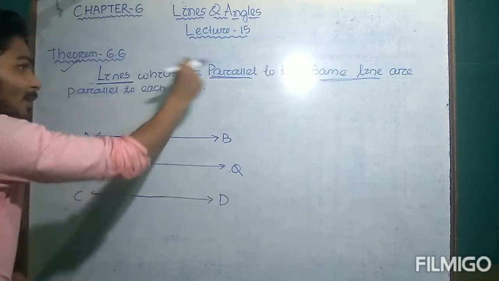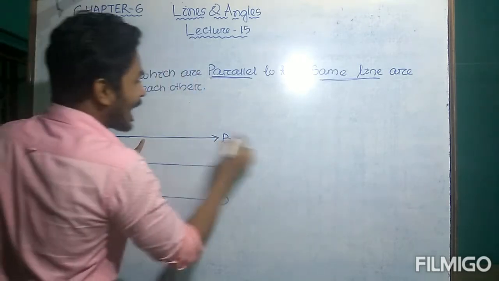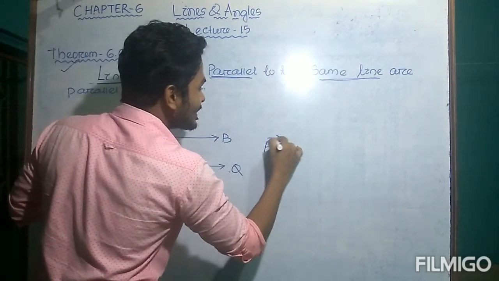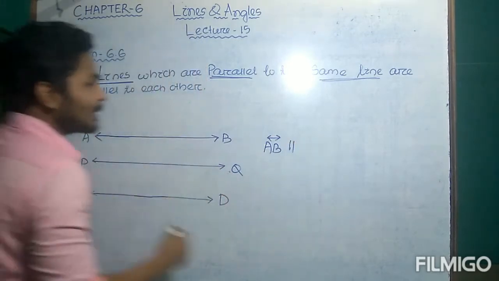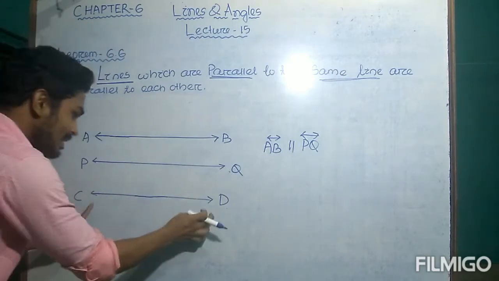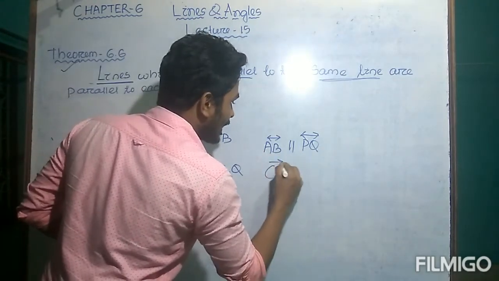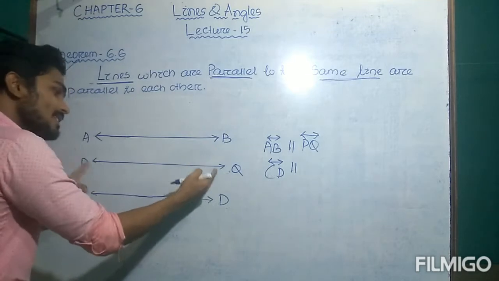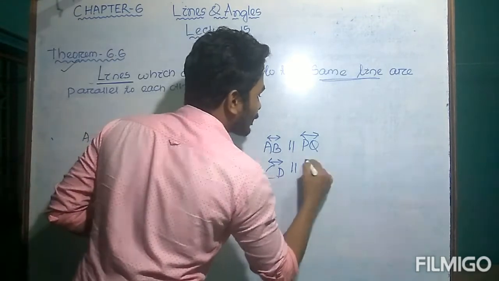It means the line AB is parallel to the line PQ and the line CD is parallel to the same line PQ.